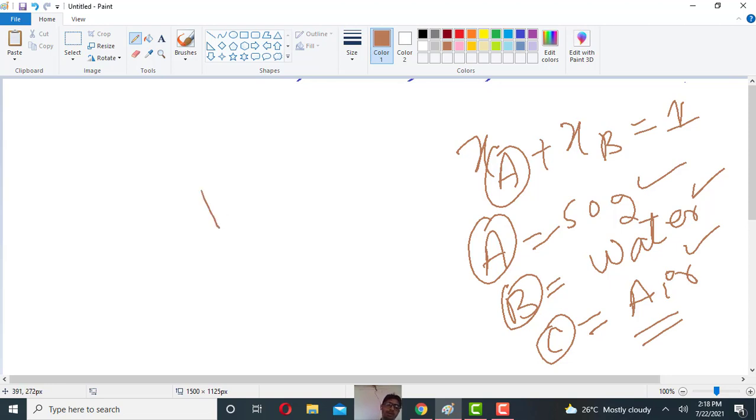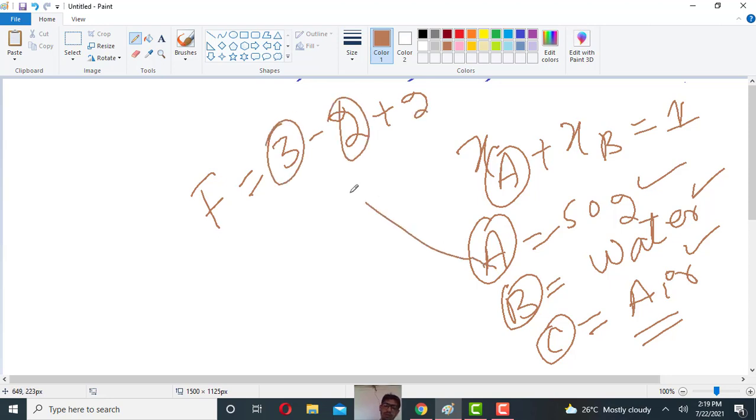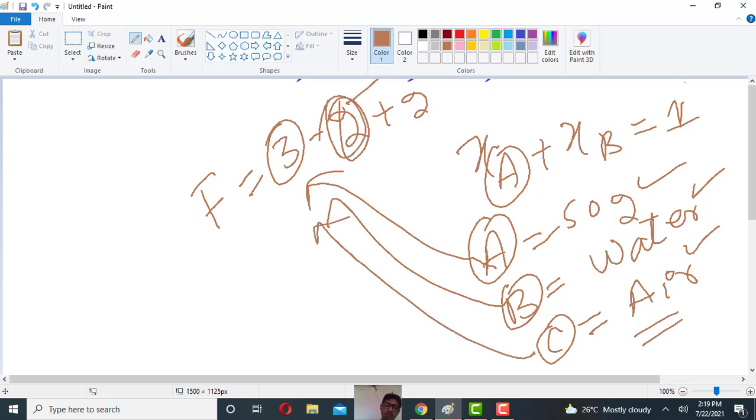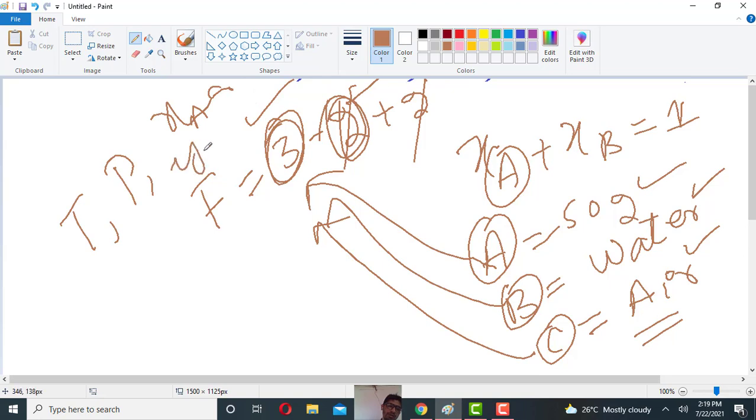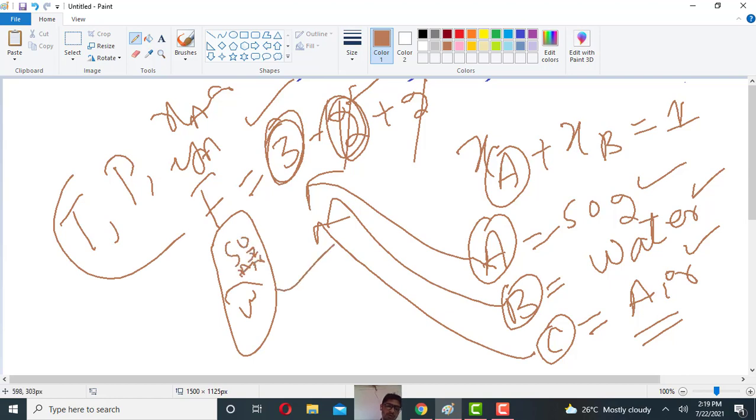So in this case there are 3 components and 2 phases, liquid and gas. So these are 3 independent variables: one is temperature, one is pressure, and one is X or Y, needed to completely define our system of water and sulfur dioxide.